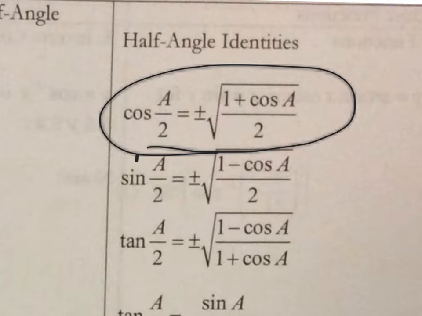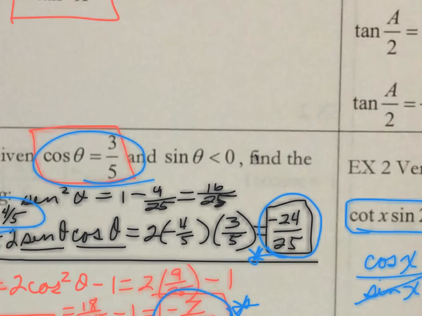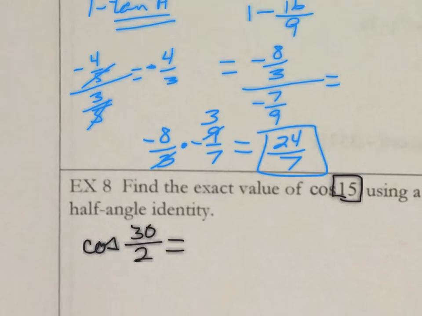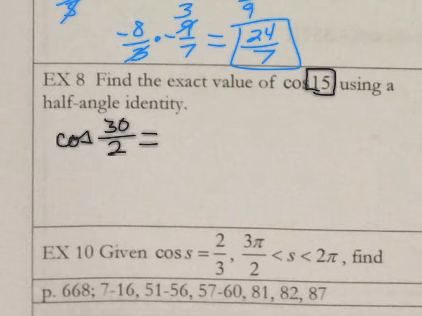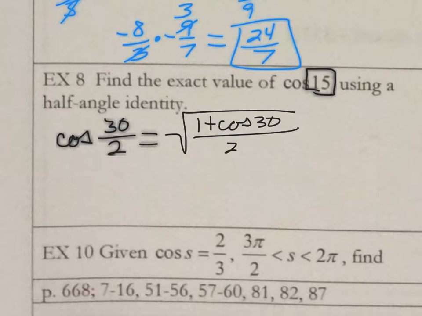Well, this one's 15 degrees, and so we know we're in the first quadrant, so we know cosine has to be positive. So what am I going to have here? Cosine of 30 over 2 is going to equal positive the square root of 1 plus cosine 30 all over 2.